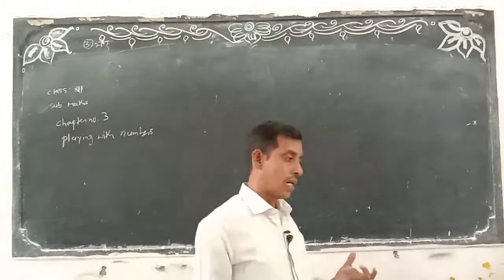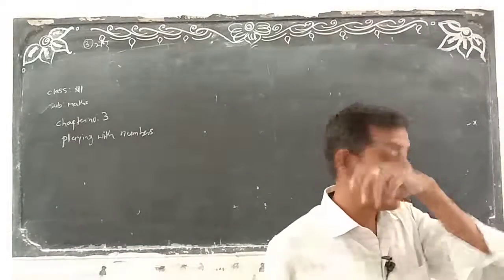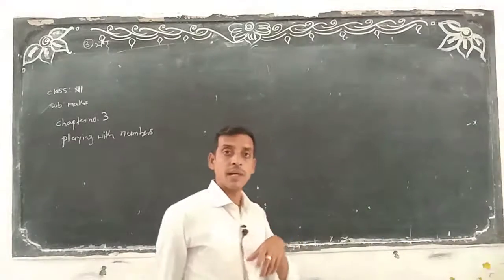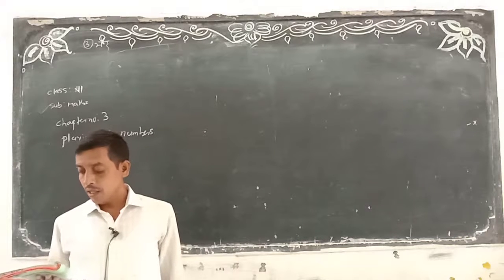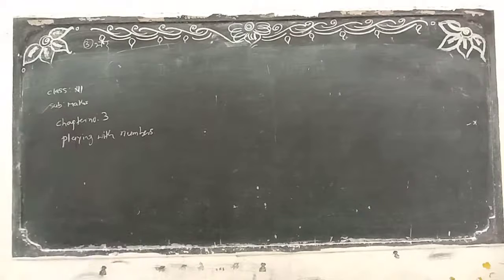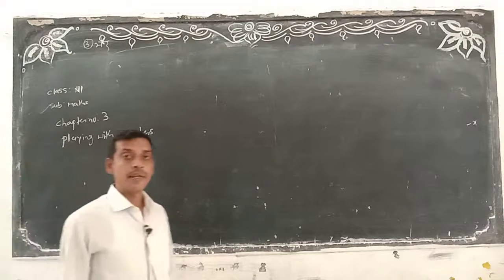Sir, how can we know if a number is divisible by 2? Look here. Divisible by 2 means when we divide any number by 2, we get remainder 0.